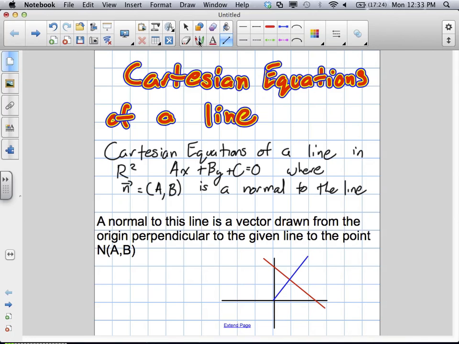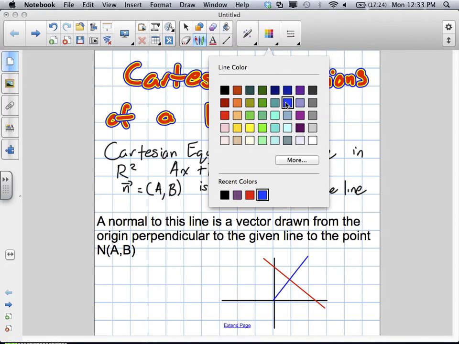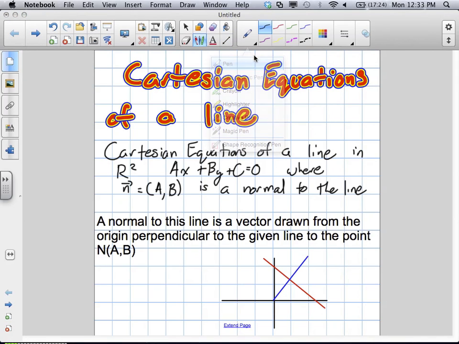Yeah, looks good. So this blue line here would represent our normal vector, where our red line is our vector in general. Okay? So that's what they mean by a normal. A normal will help us find our Cartesian equation or the form of it.